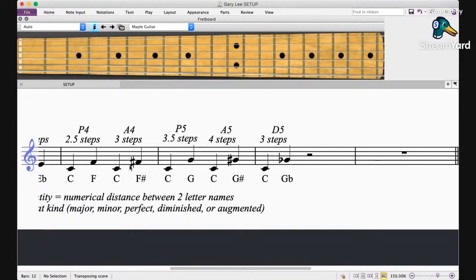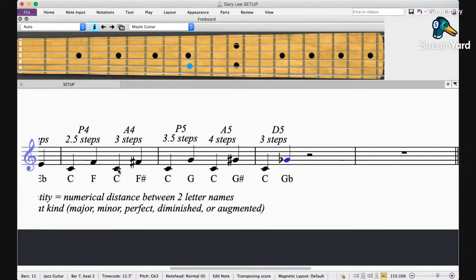So you can see right here, look, you've got C to F sharp, 3 steps apart. C to G flat, also 3 steps apart.